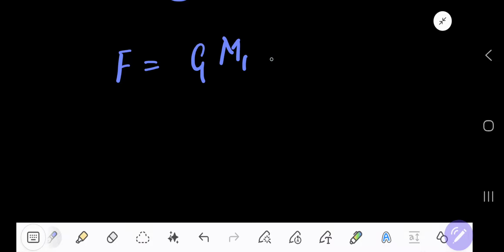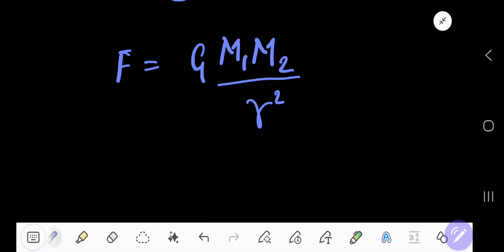You might have learned gravity before, so I'm not going to go into too much detail on it. I'm going to tell you the universal law of gravitation. The universal law of gravitation states that F equals G m1 m2 divided by r squared. What does this mean?